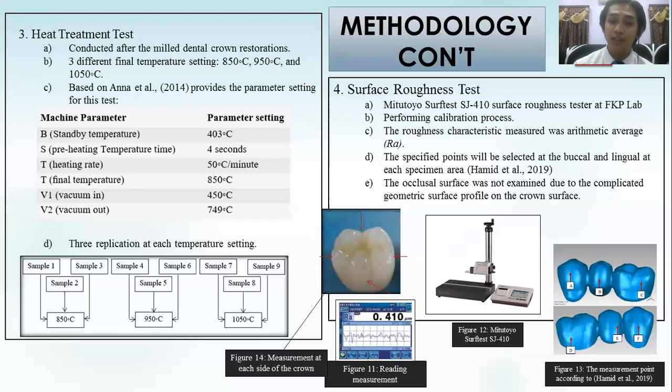The measurement needs to be repeated 3 times at each selected point to get the average, because there will be human error and error during use of the roughness tester if we take only one measurement at each point.